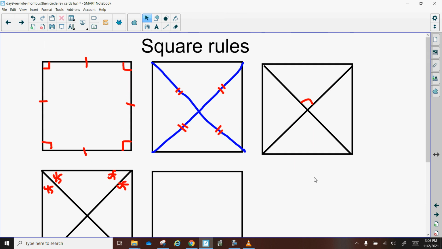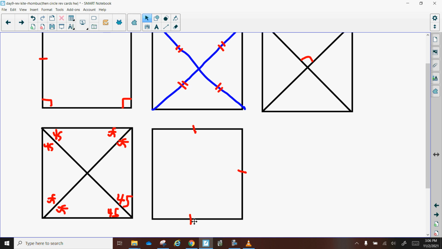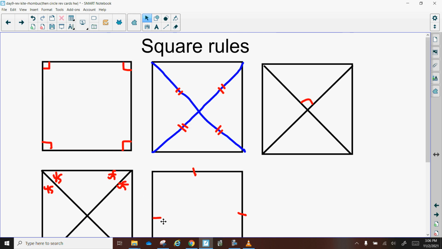The one thing I think I forgot is I kind of put two of them in the same square. We know that a square is a rhombus, so how I get five of them right here is I'm going to put all angles are 90 degrees.